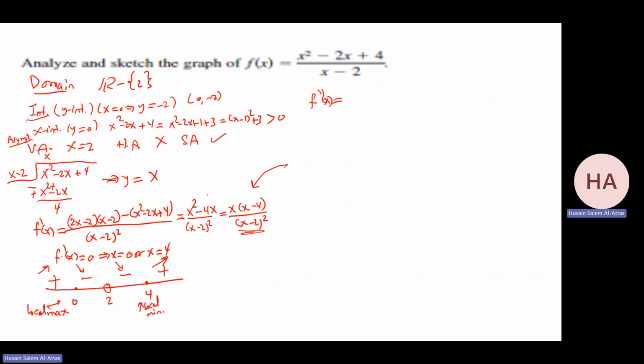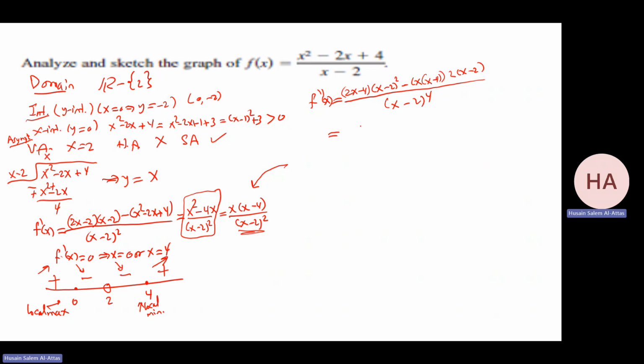Okay. Let me do f double prime. Be careful. That will be (2x minus 4) times (x minus 2) squared minus (x squared minus 4x) times 2(x minus 2), over (x minus 2) to the power 4.